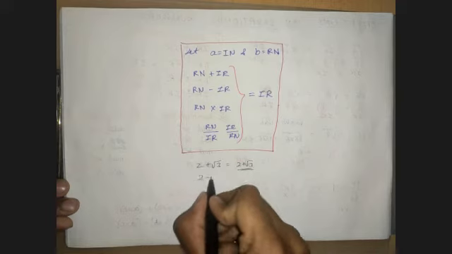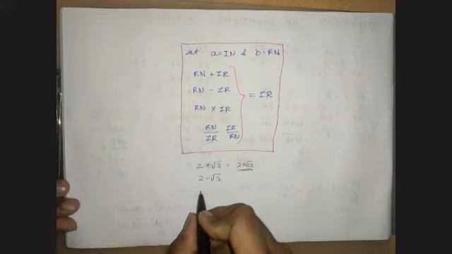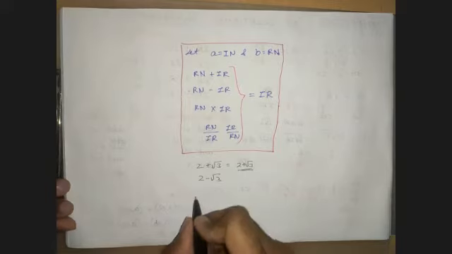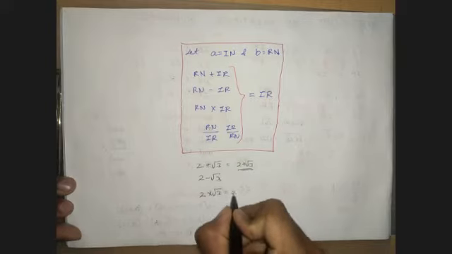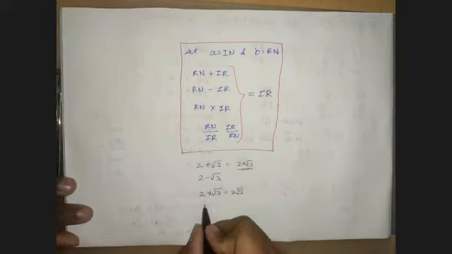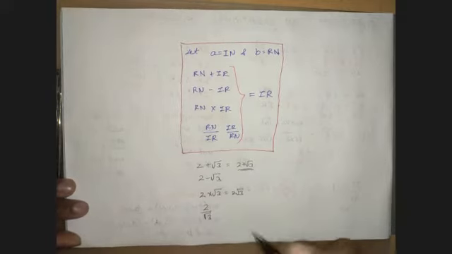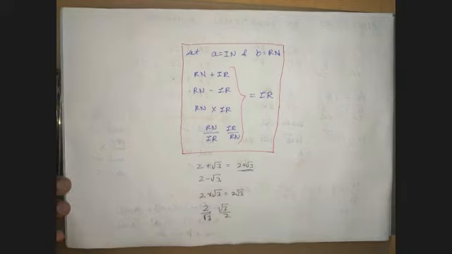It again goes with 2 minus root 3, a rational number minus an irrational number. And when I multiply a rational number into irrational number, this would be 2 root 3. It is again an irrational number. And the same happens with 2 by root 3 also, or root 3 by 2, whatever it may be.